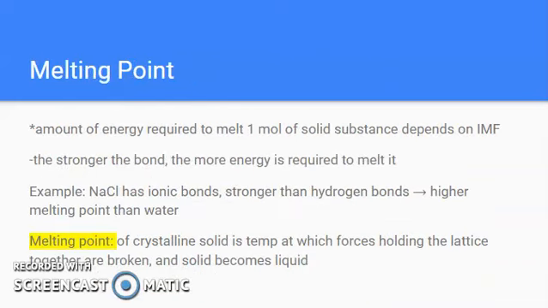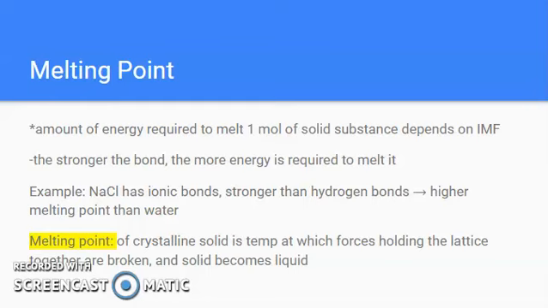So you might have learned about melting point, which is basically when a solid substance changes to a liquid substance. There's a phase change. The amount of energy required to melt 1 mole of a solid substance depends on its intermolecular forces, so what type of bonds are holding the material together and how strong they are.